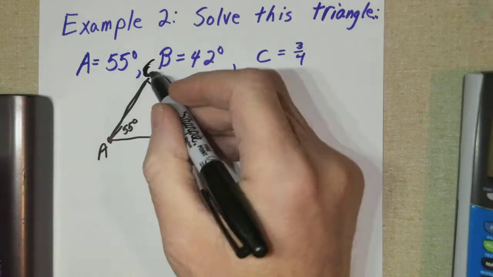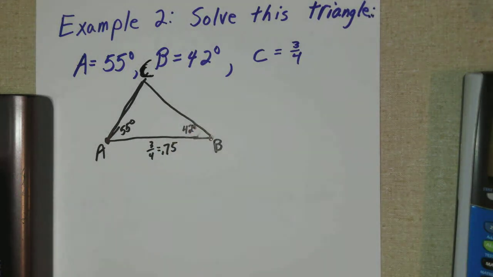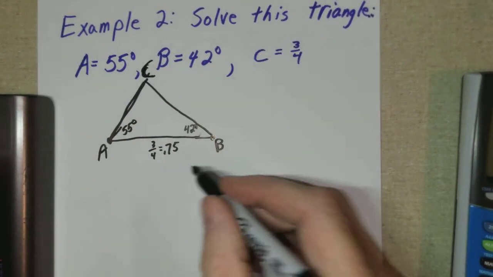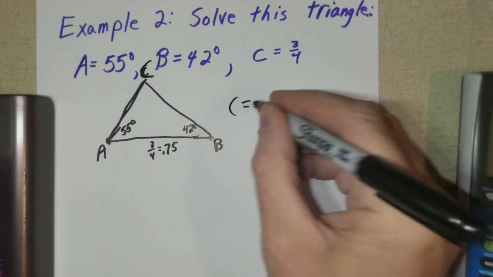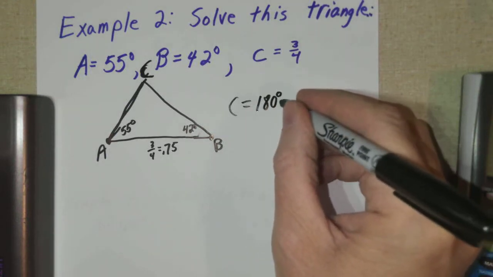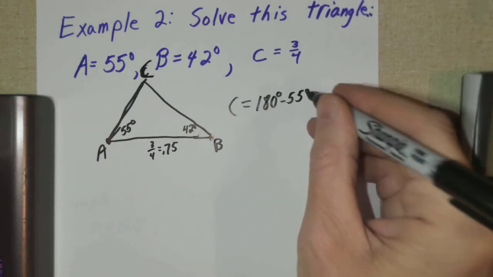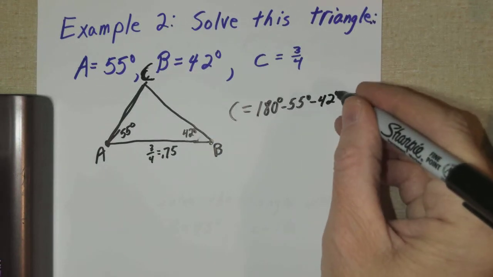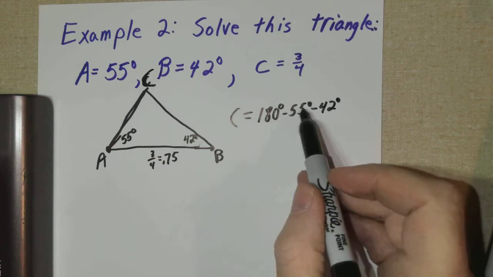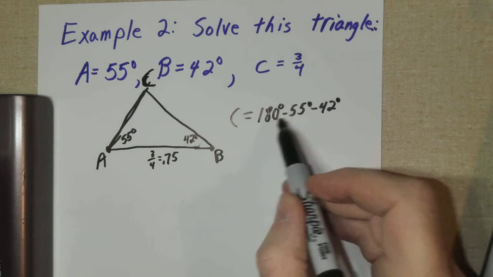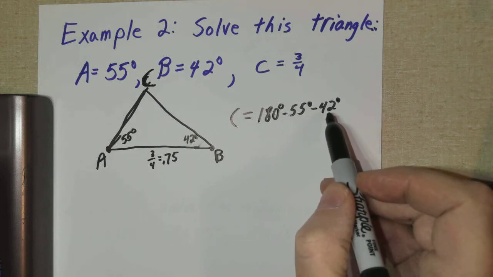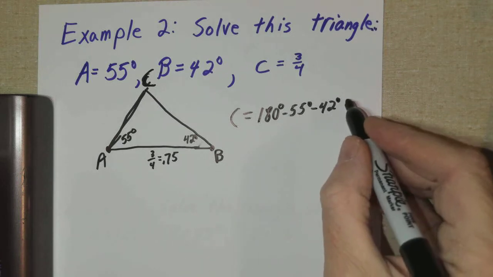And so we've got to find this side, and this angle. I really got to go for the angle first, angle C. It is 180 degrees minus 55 degrees minus 42 degrees. So we got 180 minus 55, that is 135, minus 42.